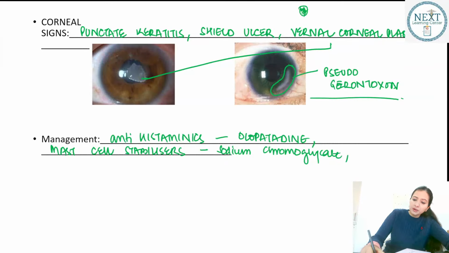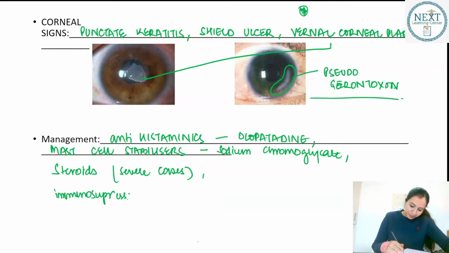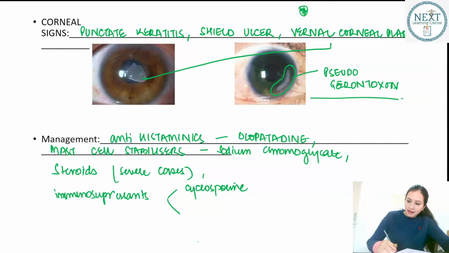Apart from it, you can go for steroids in severe cases, and sometimes when it is very long, you can even go for immunosuppressants. The common ones that we use are cyclosporin and tacrolimus.